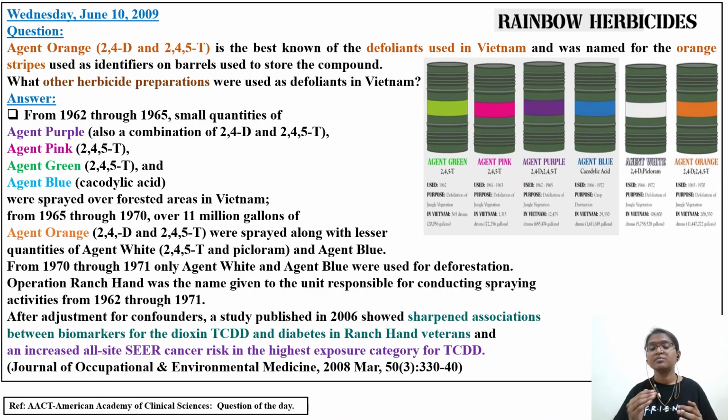The veterans, the military soldiers who participated in the spraying, were exposed. When these soldiers went back to their families and their wives got pregnant, the babies born to these soldiers were also indirectly exposed to dioxin, and that time it caused teratogenic effects. And today also those veteran soldiers are having cancer. Cancer risk is high.